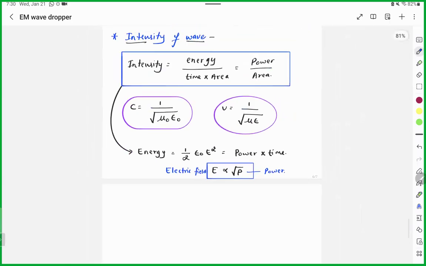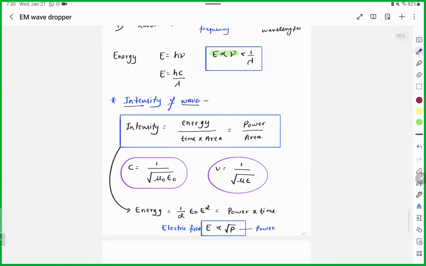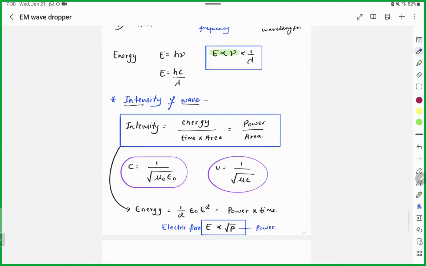Understood, guys? Is it easy? I have seen one question, so I thought I should introduce this part: relation of electric field and power.